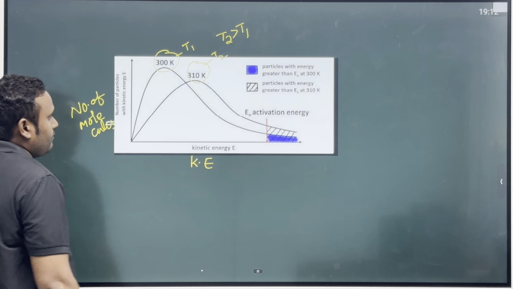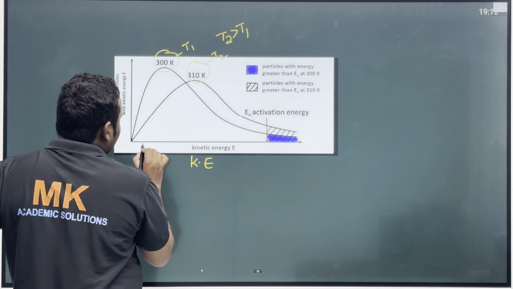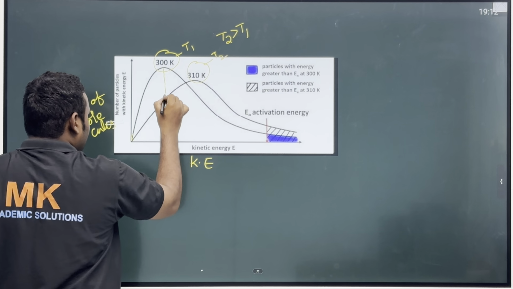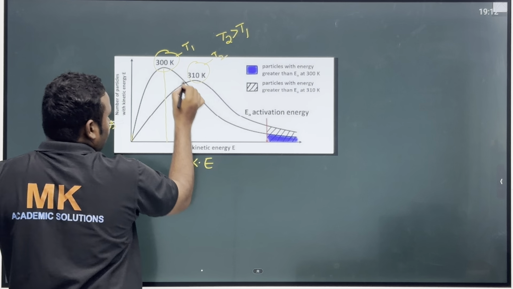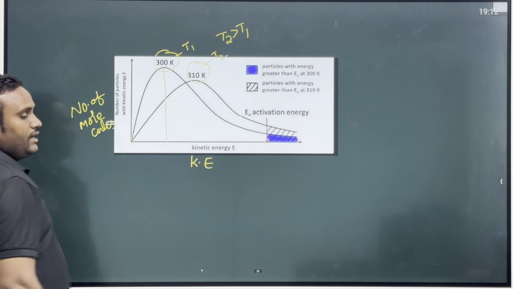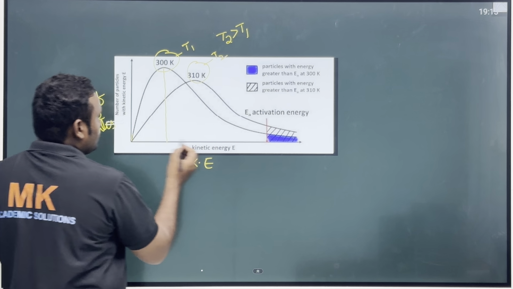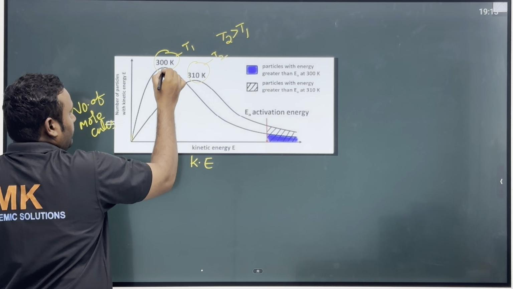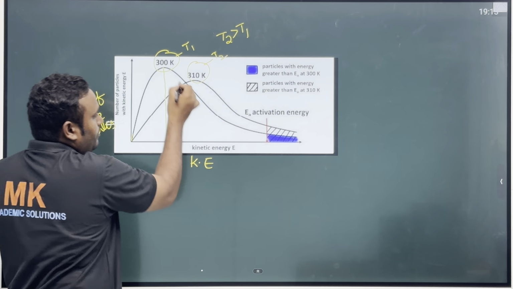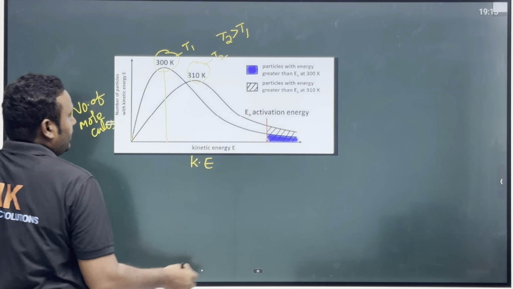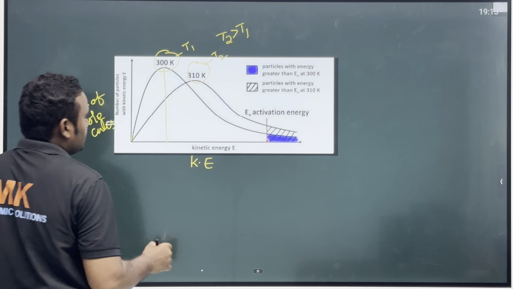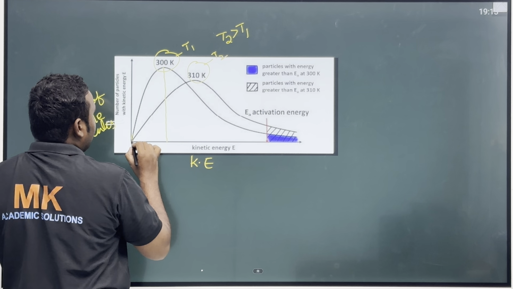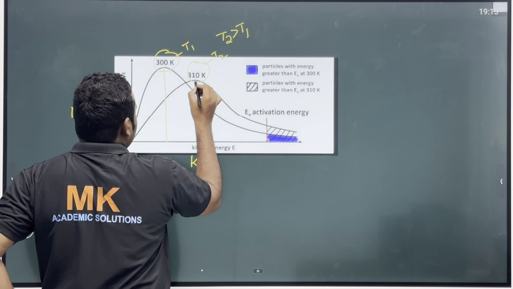So when you observe this graph, as kinetic energy increases, the number of molecules also increases up to a maximum, and after that it decreases with kinetic energy. Next, we raise the temperature to 310 Kelvin, 10 degrees higher. Then again the number of molecules with maximum kinetic energy increases.